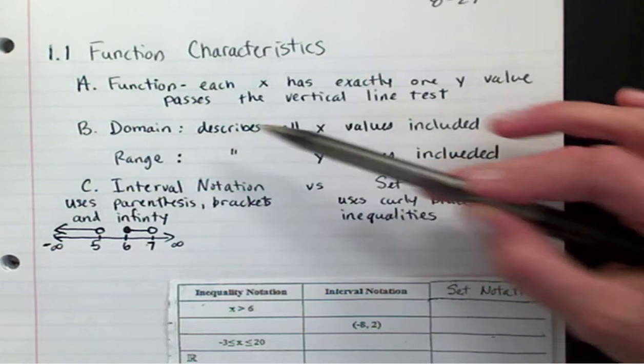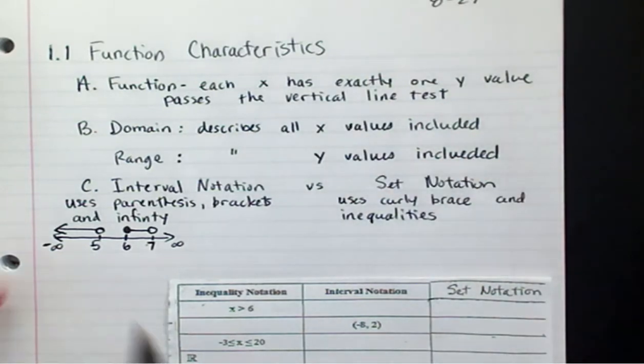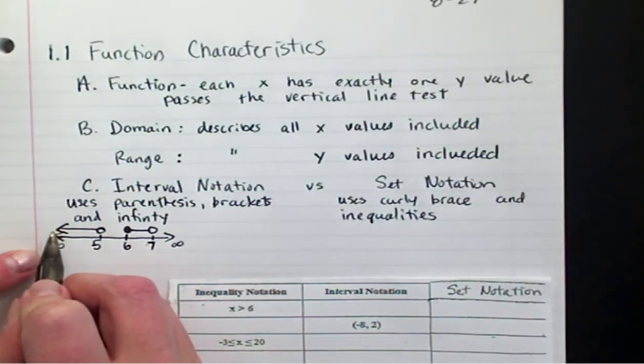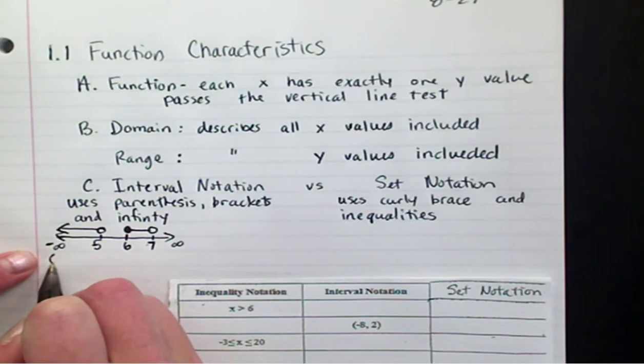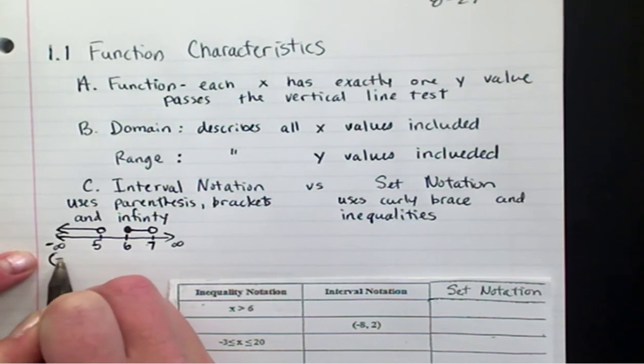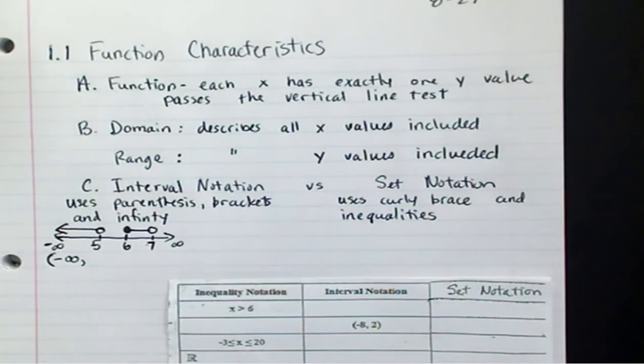Where does this start? Where does it stop? Well, the picture starts at negative infinity. So I'm going to do a parentheses. Parentheses is not included. The reason infinity is not included is because you can't ever actually get there. It means keep going. Arrow.